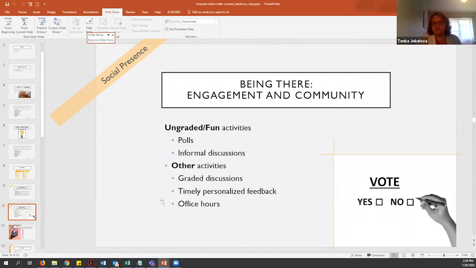They can also be in chat. They can be in email. Just say, okay, on Tuesday between 3 and 4, I am on email and I am waiting for your questions. So the student knows the second you get an email, you're working on it, right? Because that's what you said you were going to do. So again, office hours can take different shapes and forms. You figure out as you go what is the best shape and form for you and your students. But having those even in an online class is very beneficial for your students.